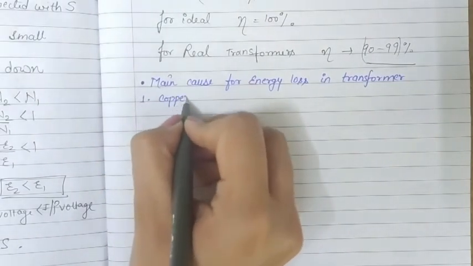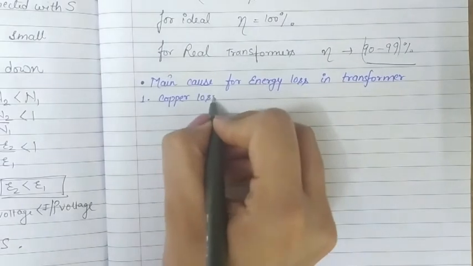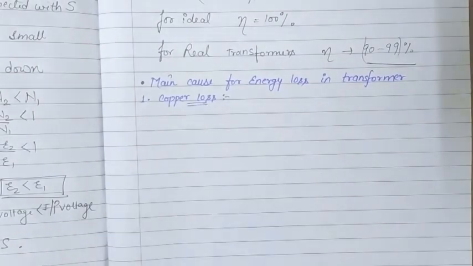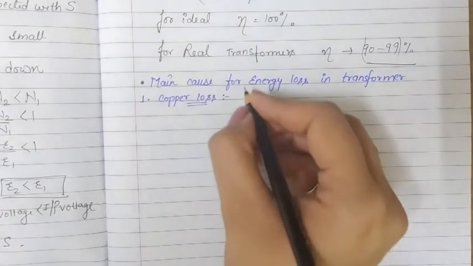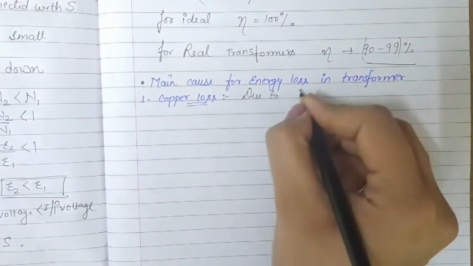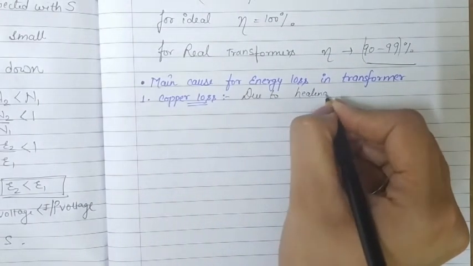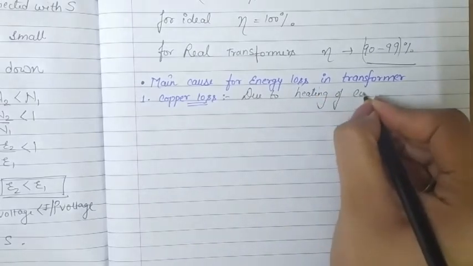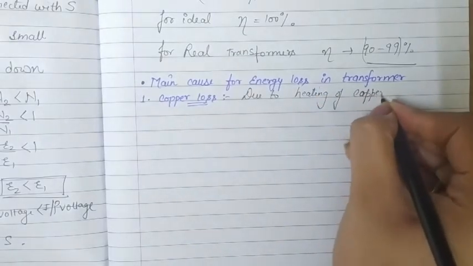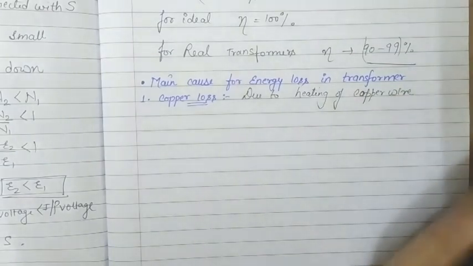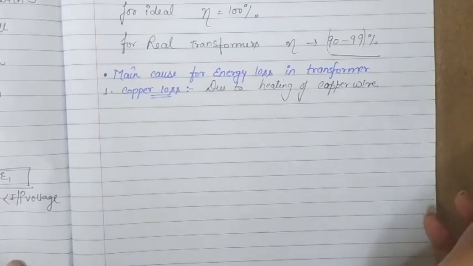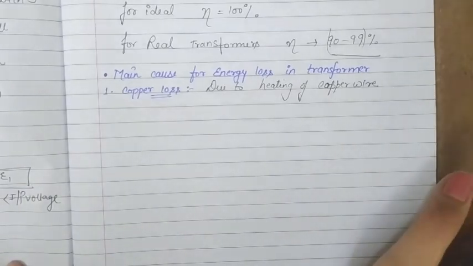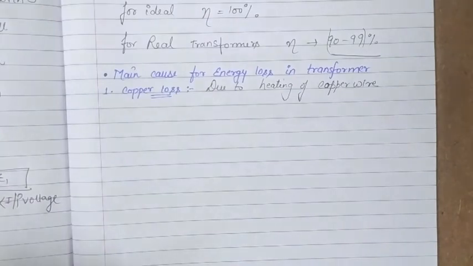Now what does it mean? Since the windings or the wire that we are using is of copper, some energy is lost due to heating of copper wire that are used in primary and secondary coil, and this power loss can be minimized by using thick copper wires of low resistance.